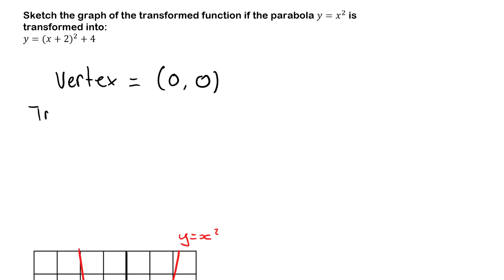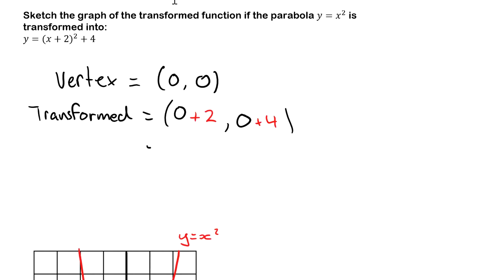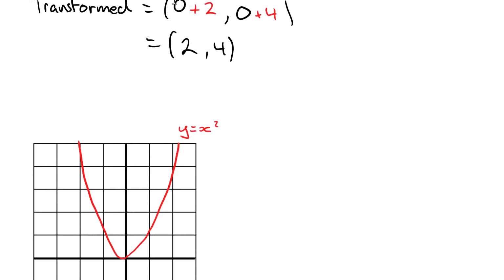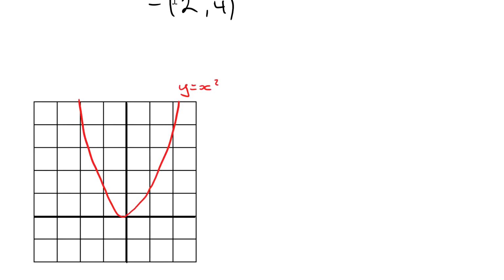So our transformed vertex will be at 0 plus 2, 0 plus 4, so (2, 4).